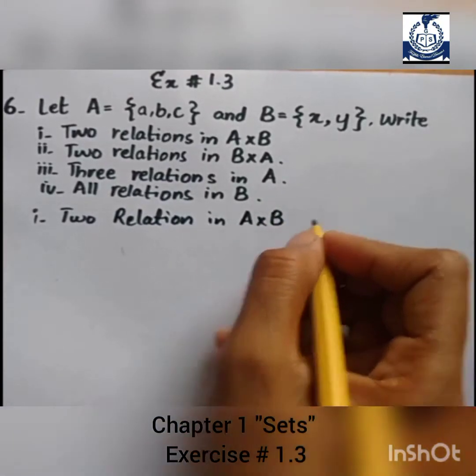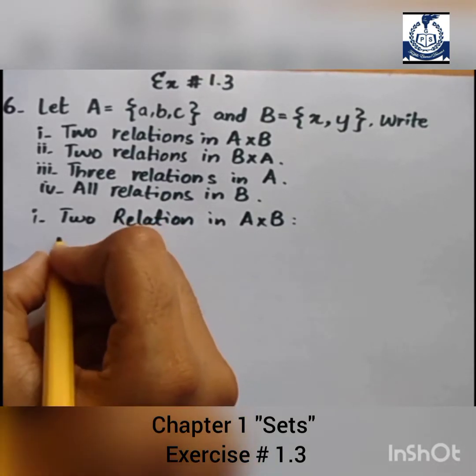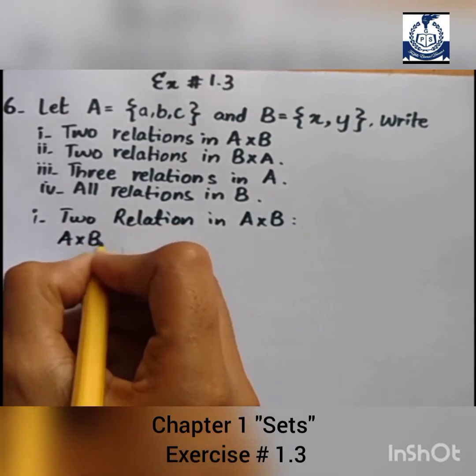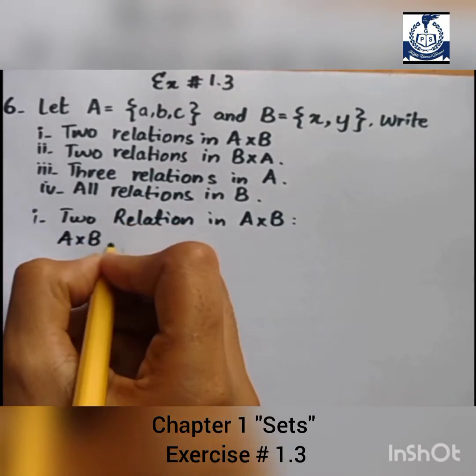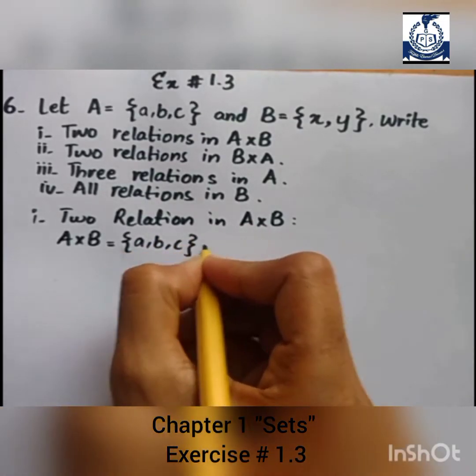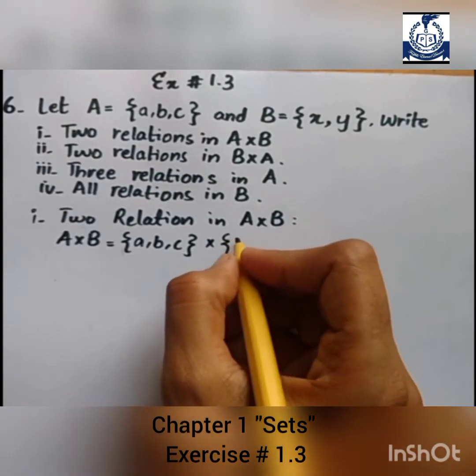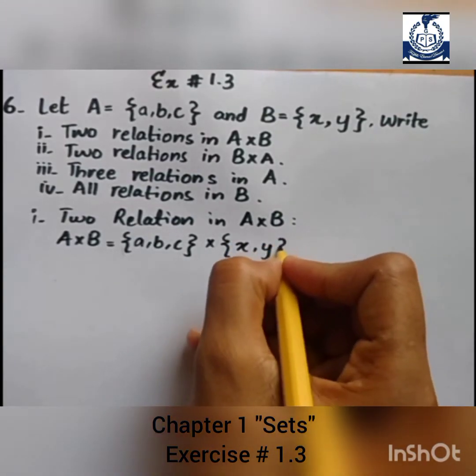First we will find the A Cartesian product B and then we will find the two relations in A Cartesian product B. A Cartesian product B is equal to, in the place of A we write a, b, c, which are the elements of set A, Cartesian product, in the place of B we write x, y.